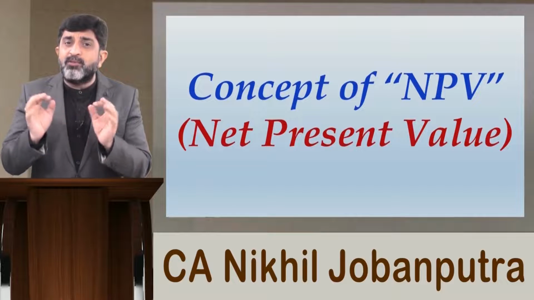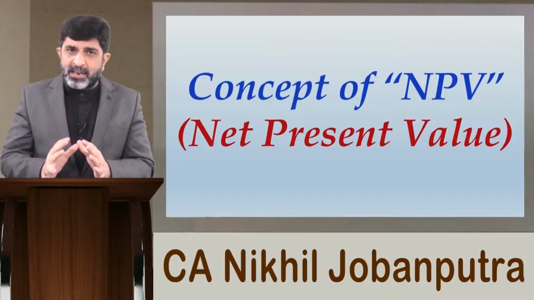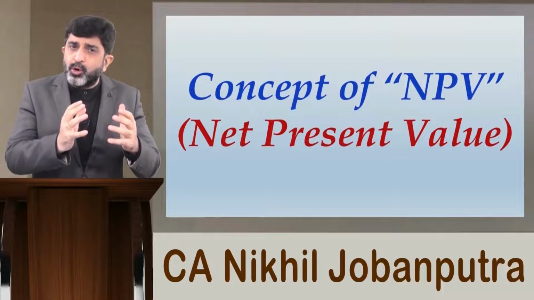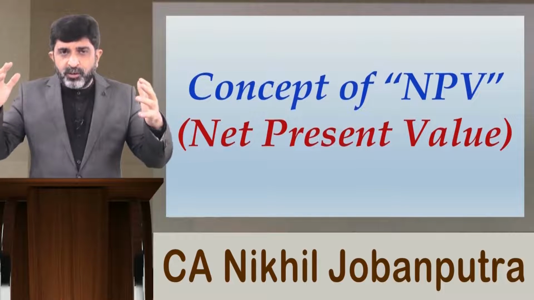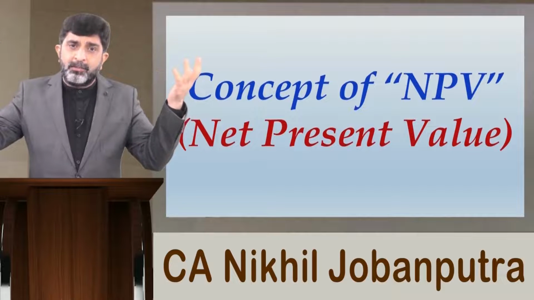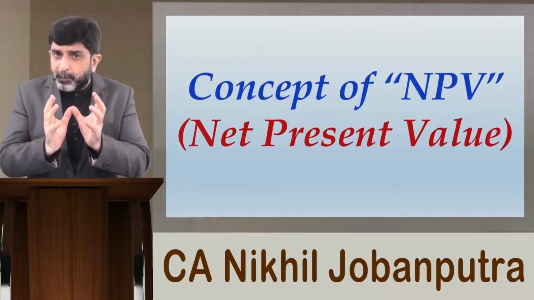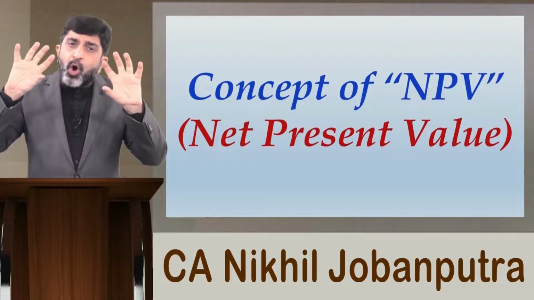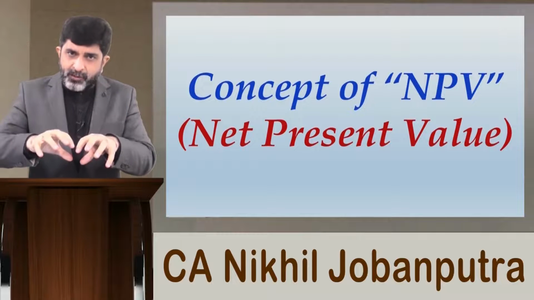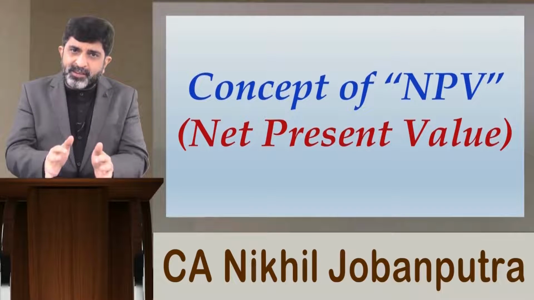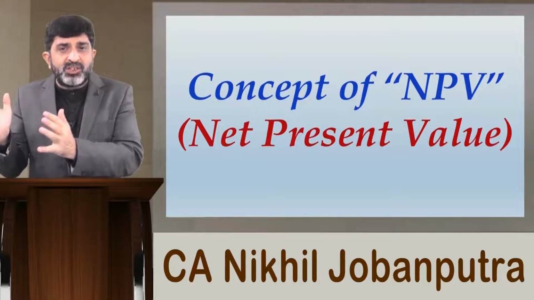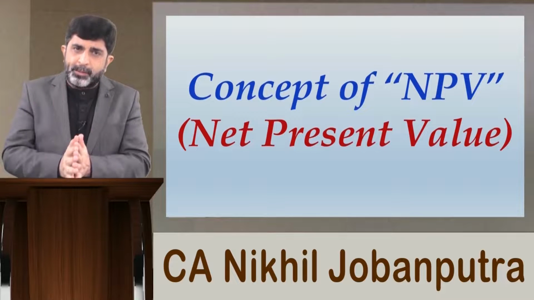Let us understand what this net present value will be. We will be having a series of cash inflows and cash outflows at different points of time, which cannot be comparable. As a result, we will convert all the future cash flows to their present values. All future cash inflows will be converted to their present values. All future cash outflows will also be converted to their present values.